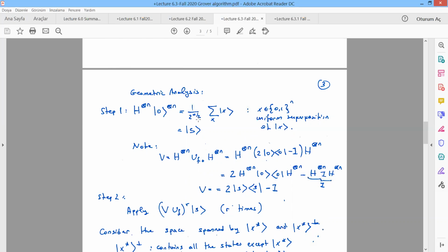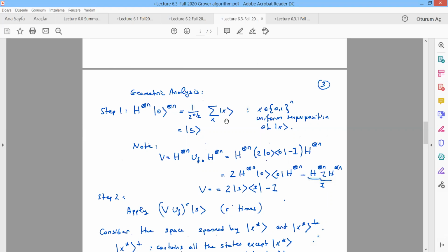All quantum states are normalized, and the square sum of all the coefficients should add up to 1. And this is an equal linear superposition of all the ket x states, x being an element of all the n-bit strings of 0 and 1.